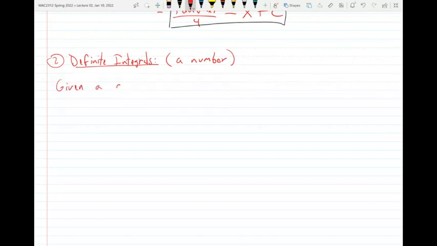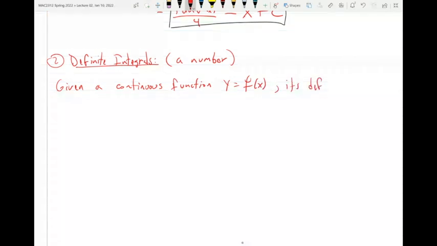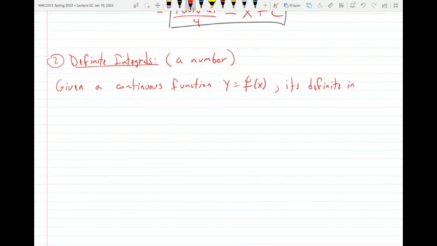So given a continuous function, I'm saying continuous so that you will be able to find the definite integral. Given a continuous function y equals f of x, its definite integral is, now here is how we define it.